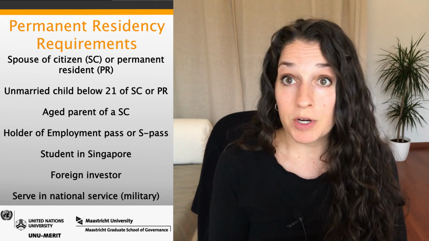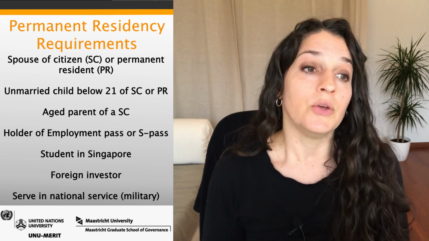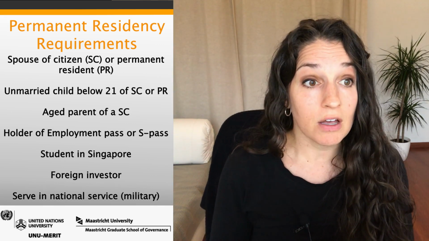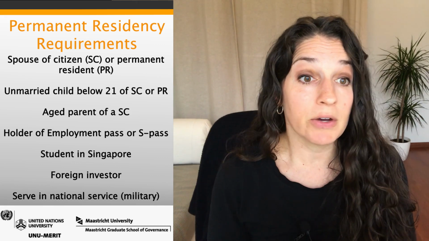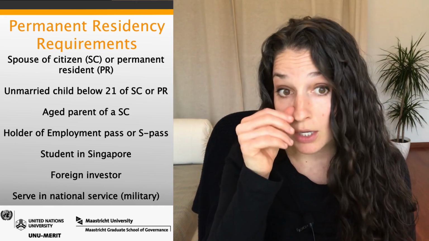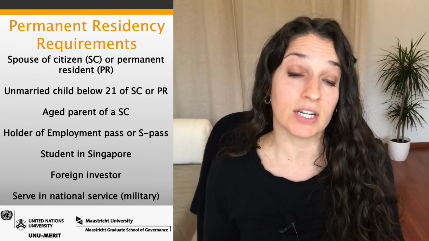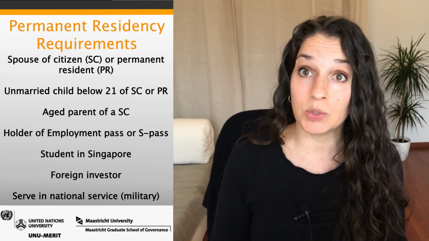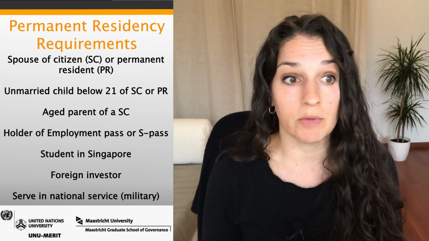Now, as far as permanent residency is concerned, there are a number of requirements. You either need to be a spouse of a citizen or a permanent resident. You need to be unmarried but legally recognized as a child, or you need to be unmarried and legally recognized as a child below 21 of either a spouse of a citizen or a permanent resident.